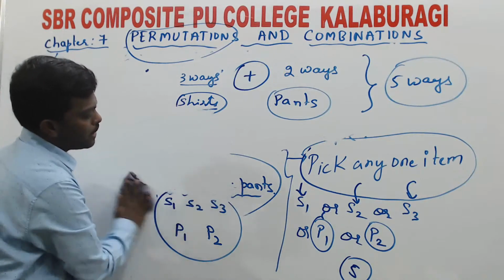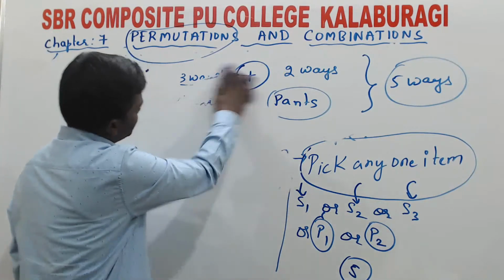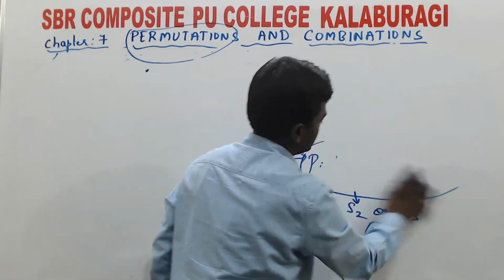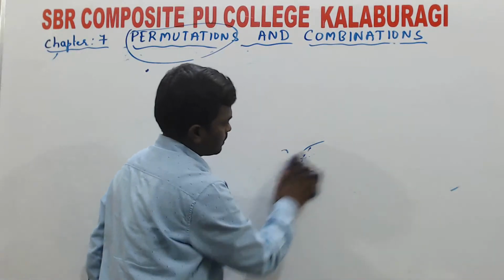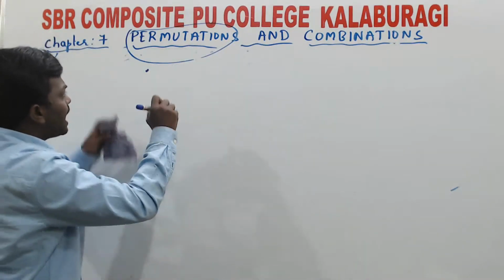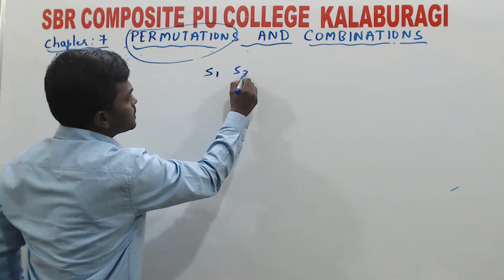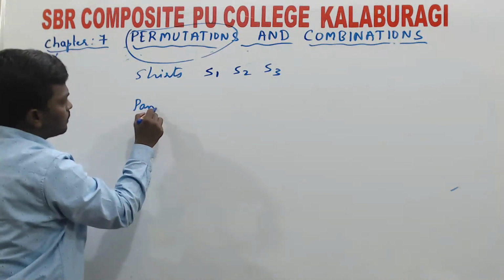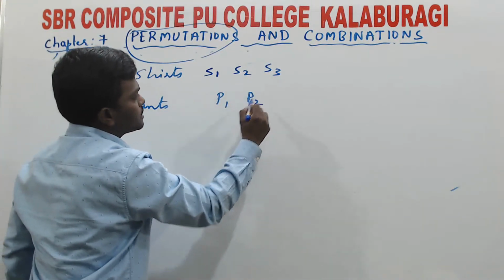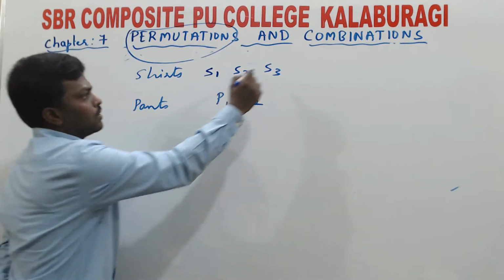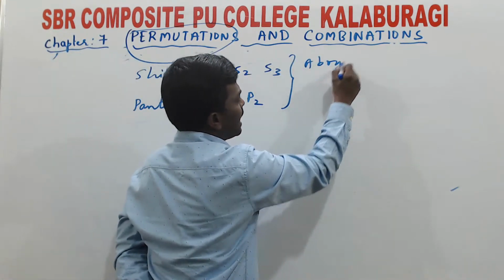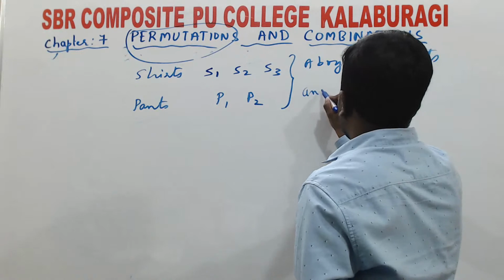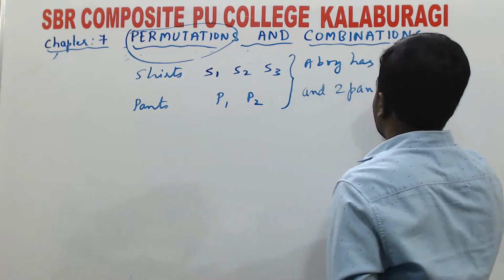Let's see the multiplication principle. We shall go with the same example so that you will understand the difference. Again I give you three shirts and two pants. Let me frame a question. A boy has three shirts and two pants.